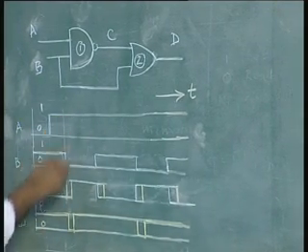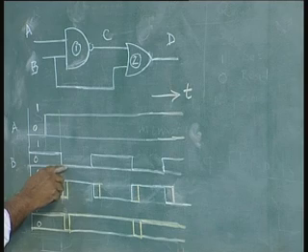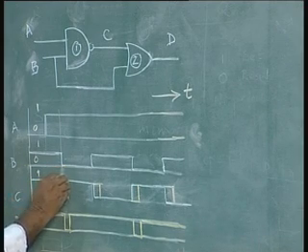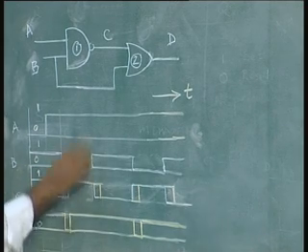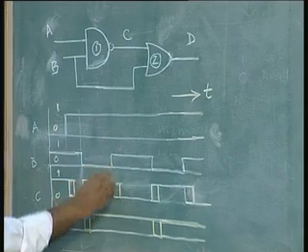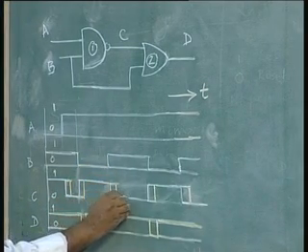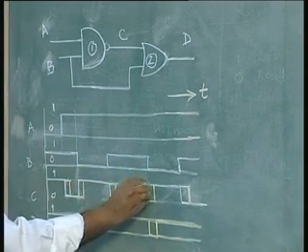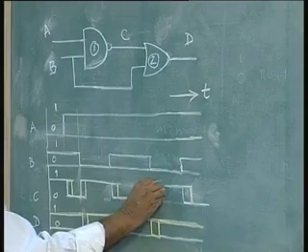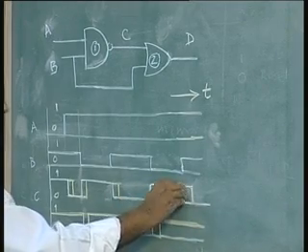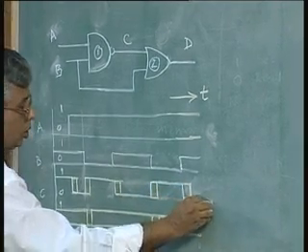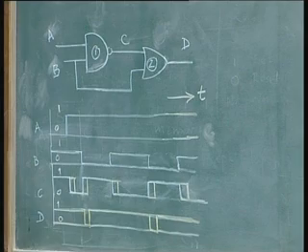Again, since one of them is going to become 0, this is going to become 1. Again the 1-1 combination results in 0 for this duration, back to 1 because this will become 0, and so forth, it continues. This is the output at C based on the simple NAND gate operation.